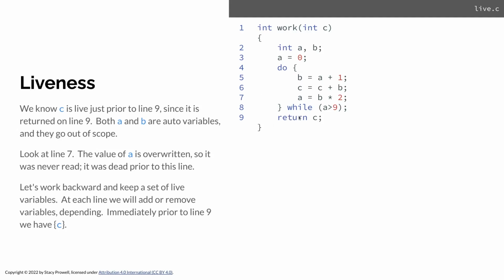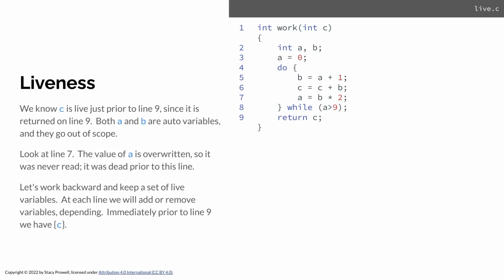And so if we move backward from returning c and we look at, let's pick on line 7, we see that the value that's in a immediately prior to this line is overwritten with the value b times 2. So prior to this line, whatever value was in a is not live. After this line, whatever value is in a is definitely live because we are going to use it to make a control flow decision.